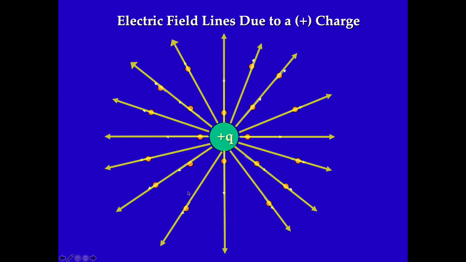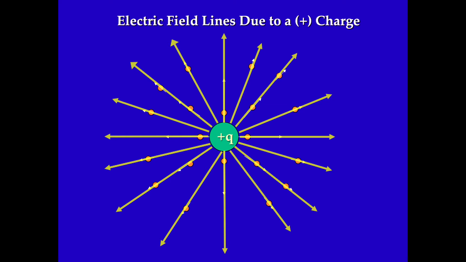And notice that as you get closer to the source, the field lines are a bunch closer together. As you get closer and closer, the field lines are bunched closer together. As you get further and further away, the field lines get spread out.